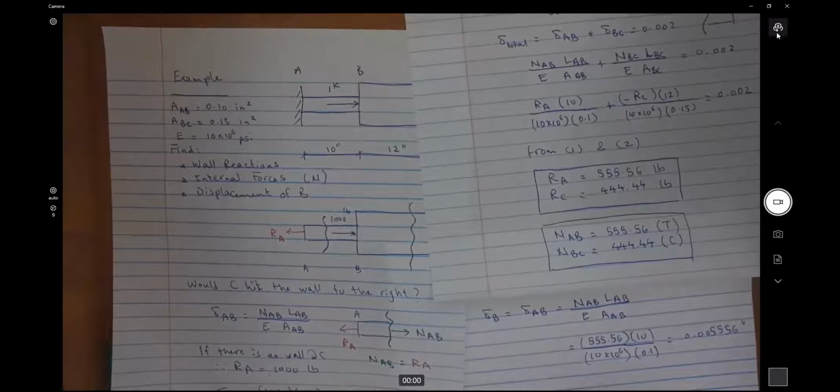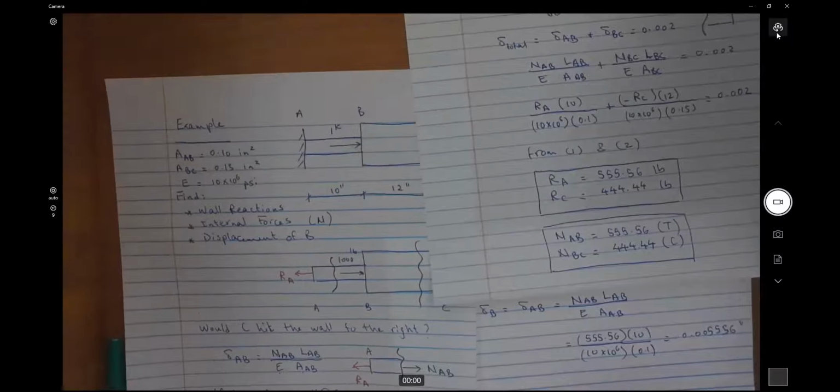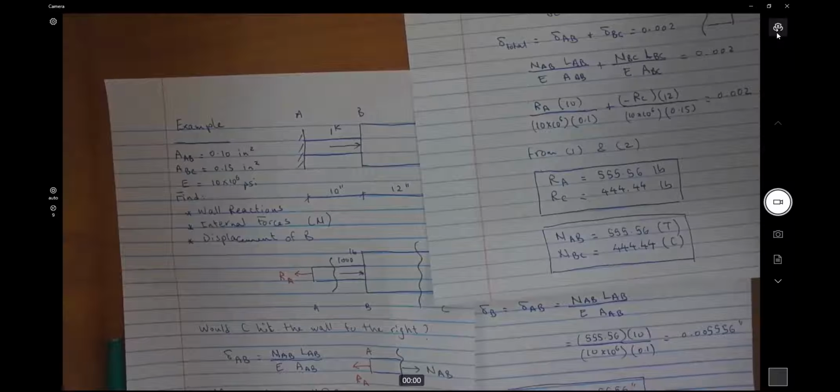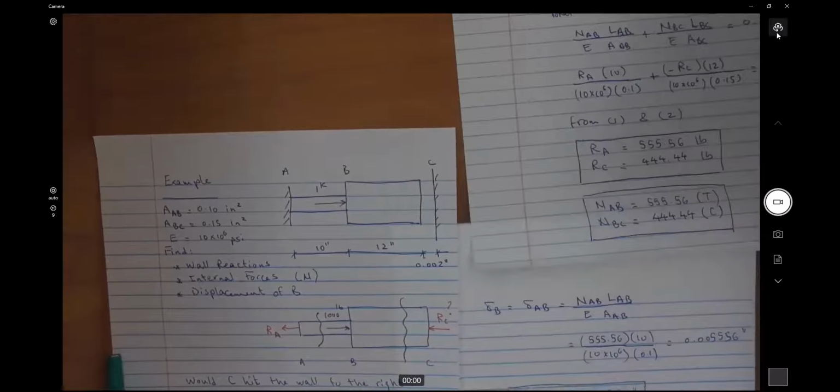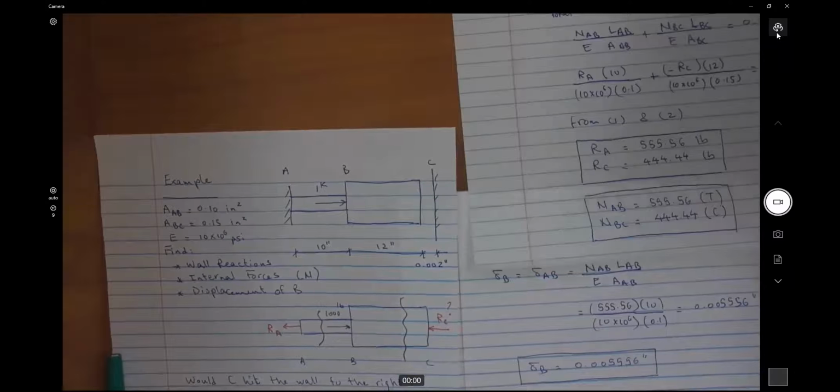So we can report that delta B is going to be 0.00555 inches. So we have found all what we were asked to find.